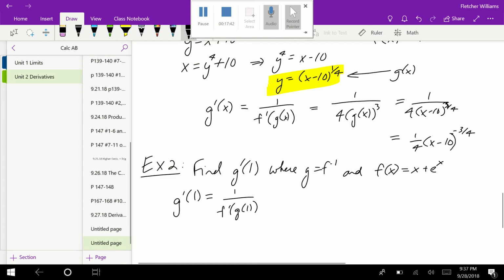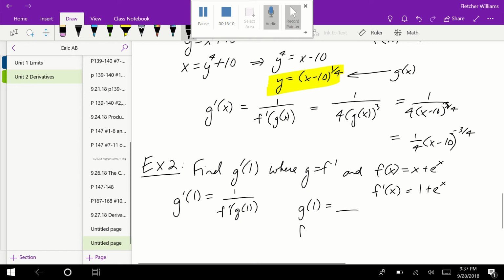Okay, well, I can get f prime pretty easily. That's just 1 plus e to the x. g of 1, how do we get g of 1? Well, remember, g of 1 is the inverse of 1, and so g of 1 is some number.